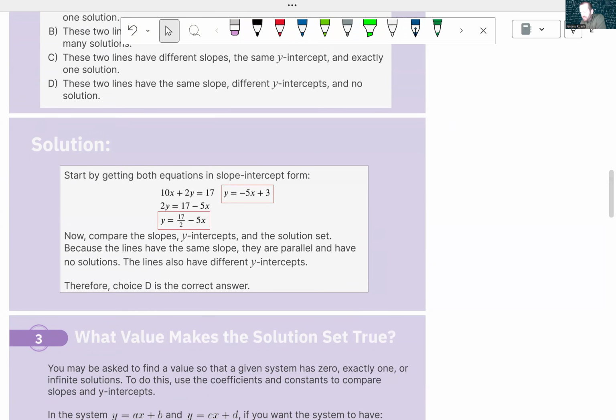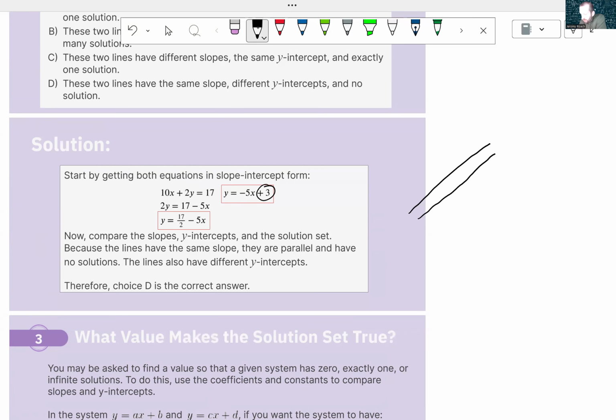If we have the same slope, which is that value, and here it would be this value. If we have the same slope, that means that it's going up by the same amount or down by the same amount. So that means that lines are going to be parallel with each other if it has the same slope.